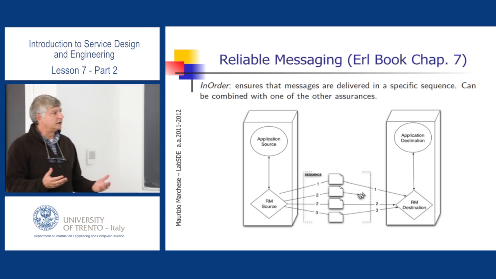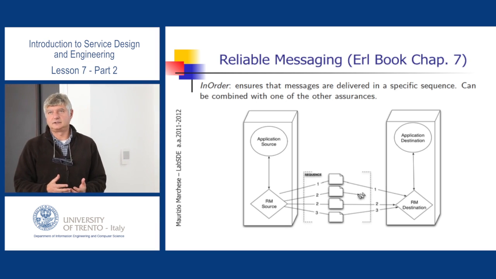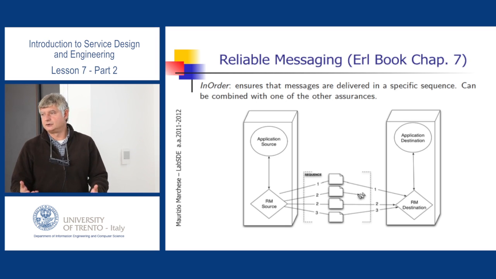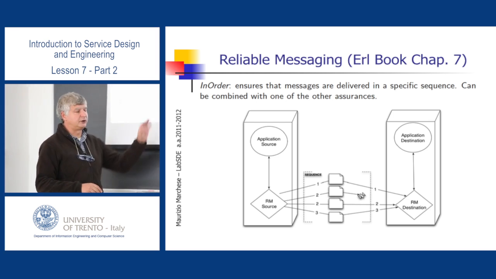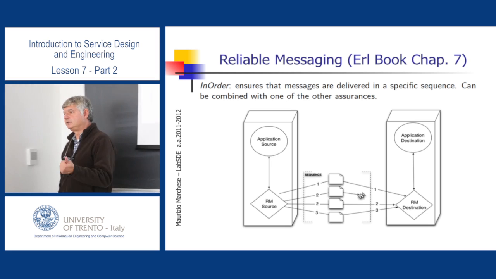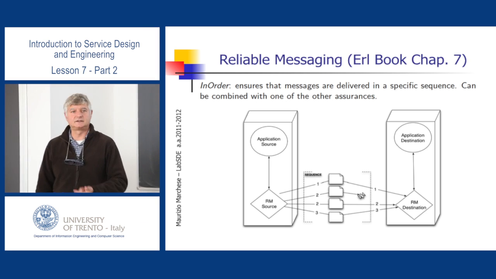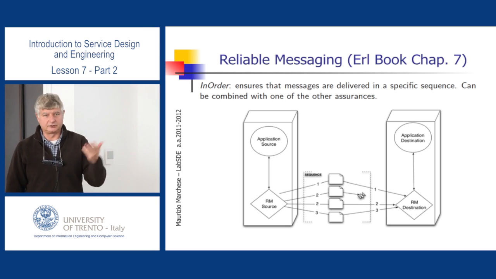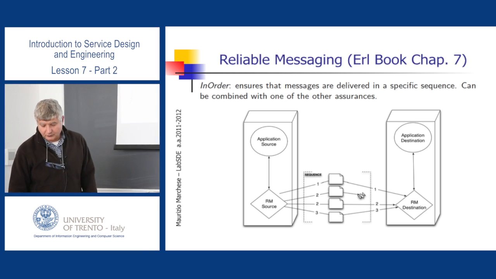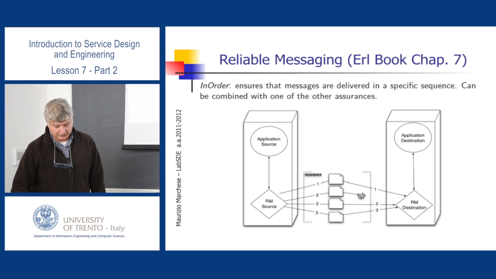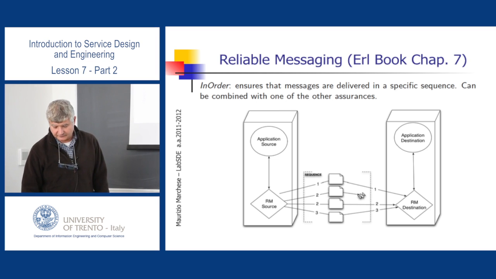How this is going to affect the logic of your application is left to the service implementation of the application, not to the protocol. The protocol just informs you if you have received it at most once, at least once, exactly once, or in order. These are the 4 possibilities. What you do with this information is up to the service.